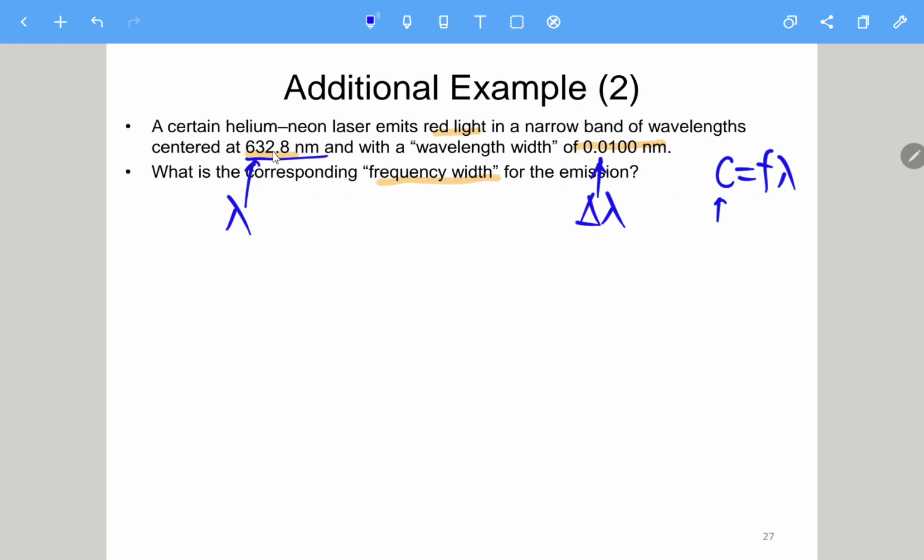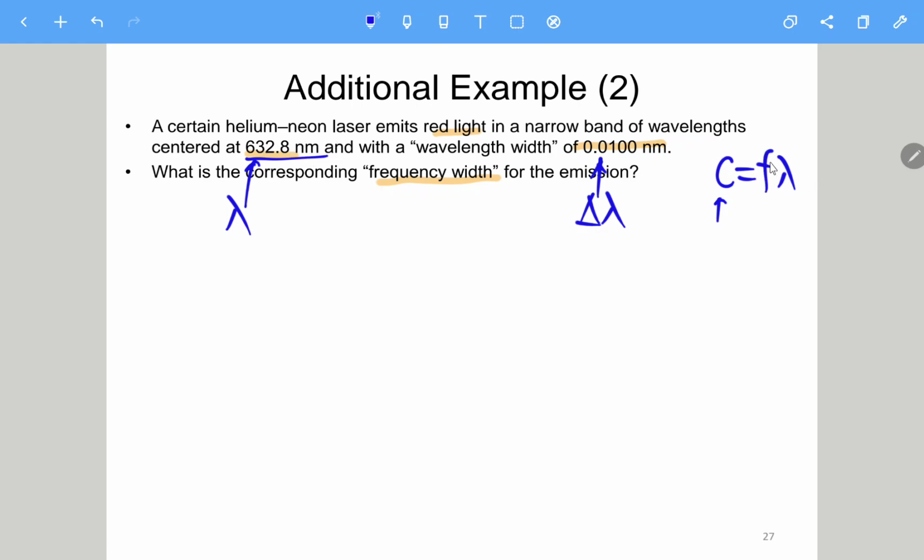If the wavelength is accurate, with no error, then the frequency will also be accurate. We can just plug in the numbers: c is 3 times 10 to the 8th power, or, to be more accurate, 2.998 times 10 to the 8th power, and lambda is 632.8 times 10 to the negative 9th power.